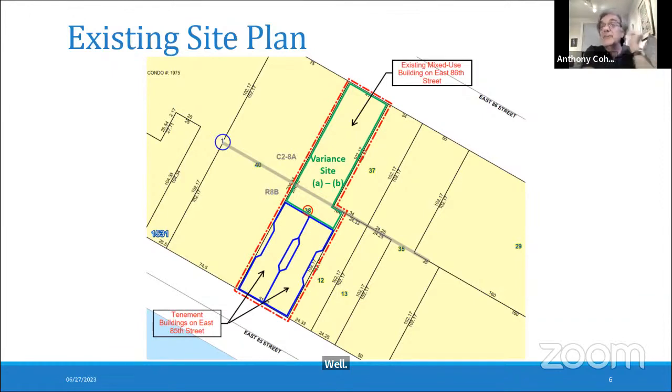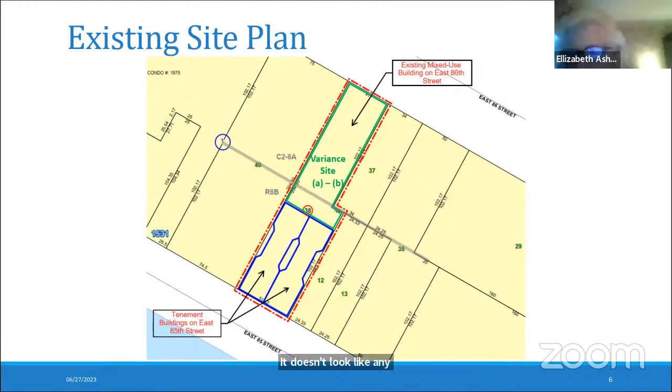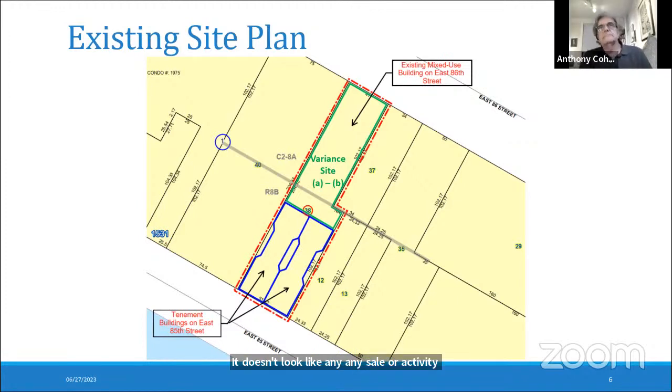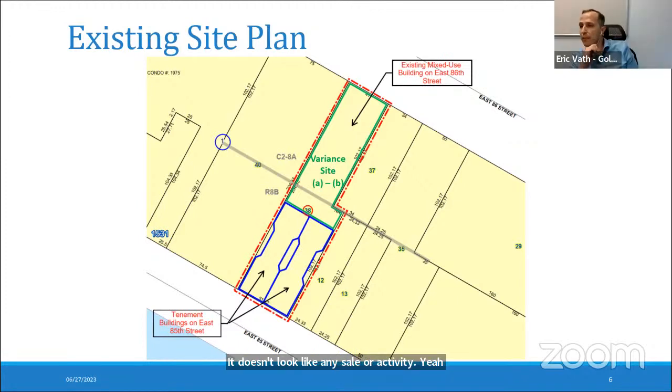Based on what I was able to find looking just now, the postgraduate center still owns the receiving building. It doesn't look like any sale activity. Eric: Yeah, for the last 19 years. Yeah, that's my understanding as well.